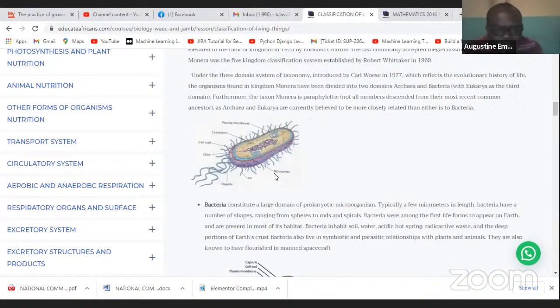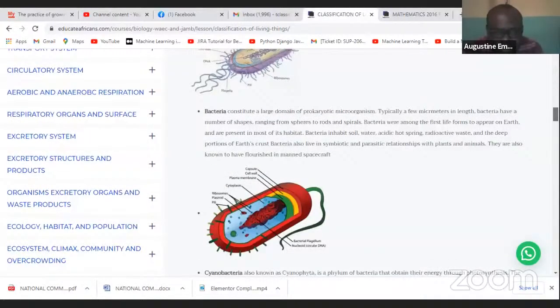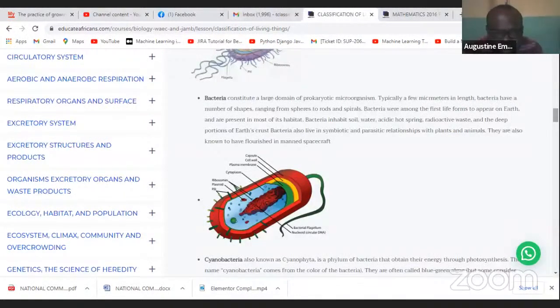This is how a bacteria looks. You have the flagella, you have the ribosome on the inside, you have the cytoplasm, you have the plasma membrane, you have the cell wall, DNA is at the middle. Similar to this: flagellum, capsule, plasma membrane, cytoplasm, ribosome, DNA.